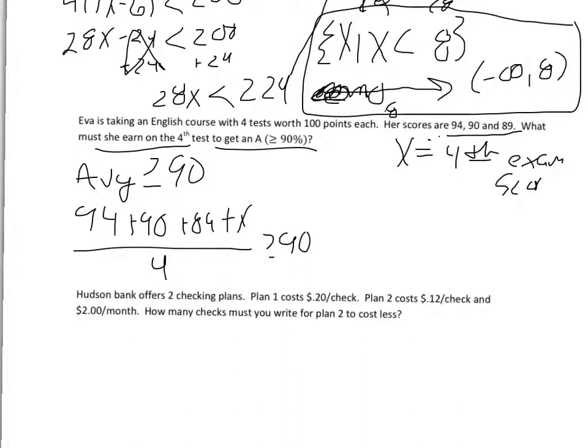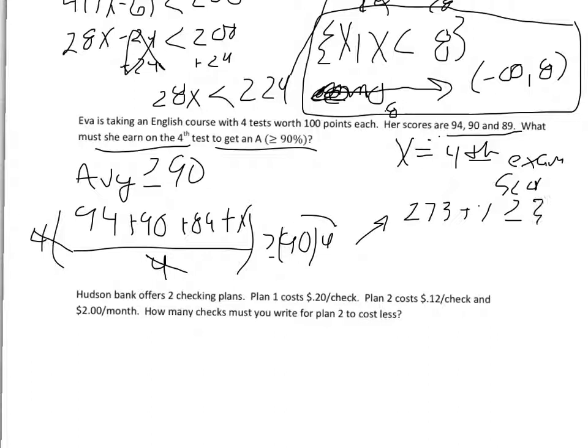So once again, just like in the problem before, we want to get rid of the denominator. So I'm going to multiply both sides by 4. We get the cancellation here and here. And so I'm going to add these up and combine like terms. So 94 plus 90 plus 89 is 273. So writing this up here, we have 273 plus x has to be greater than or equal to 4 times 90, which is 360.